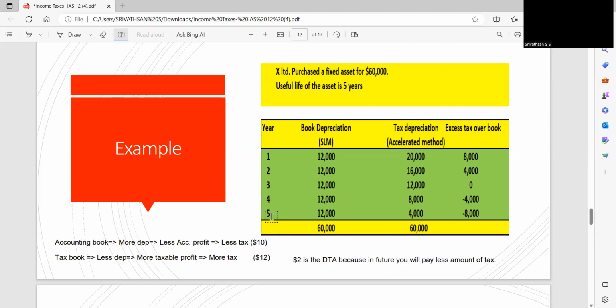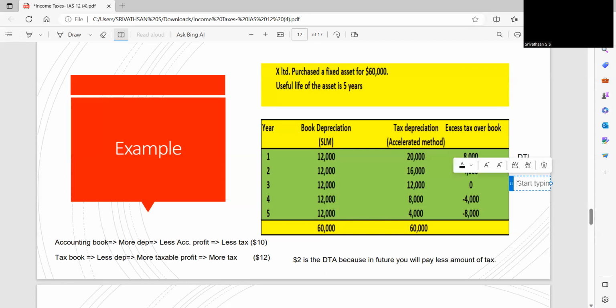So similarly, in the fifth year also, you will record a deferred tax asset, because the accounting profit will be less than the taxable profit. So whenever the accounting profit is less than taxable profit, you need to record a deferred tax asset. And whenever the accounting profit is greater than the taxable profit, you need to record a deferred tax liability. So in the first 2 years, a deferred tax liability will be recorded, because accounting profit is greater than taxable profit.